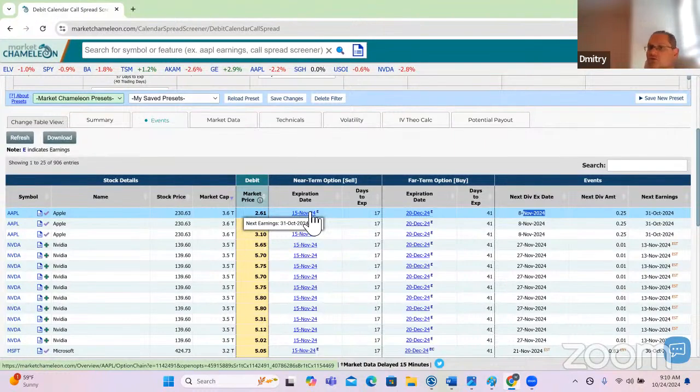Obviously you have to know what you're doing when you're exercising that call, but it could be more advantageous to exercise a call before expiration to collect the dividend because the option holder won't get the dividend.